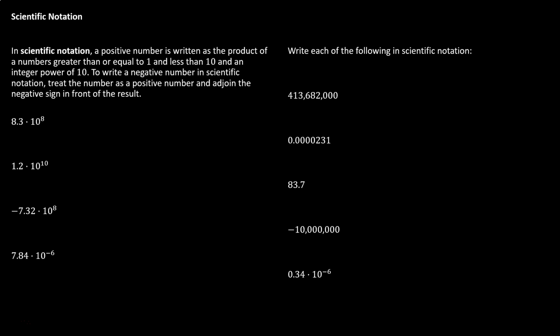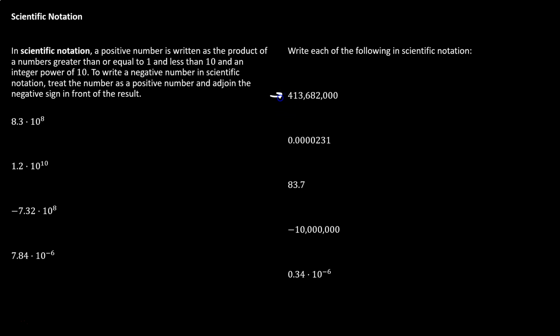If you have a negative number and you want to represent it in scientific notation, that is not a problem. You just tack on the negative out front, just like you would with any number that's negative. And that's about it. So that's pretty awesome. It's pretty straightforward. Let's practice taking some large and small numbers and rewriting them in scientific notation.